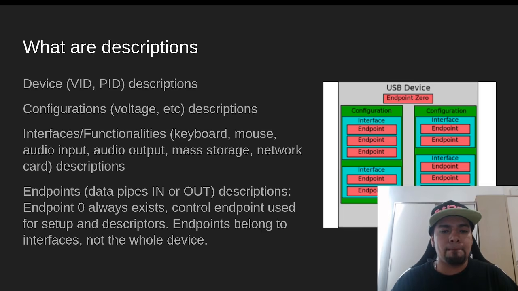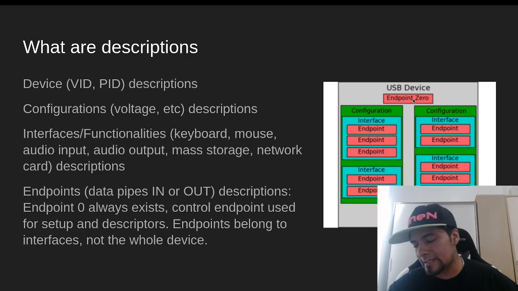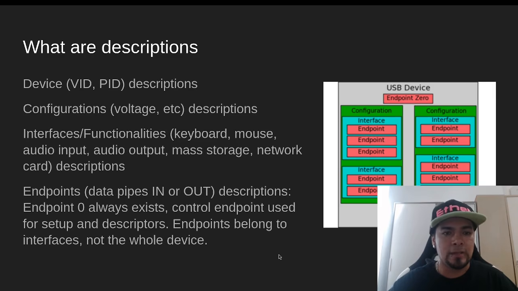So endpoints belong to interfaces. But there is by default one endpoint that establishes the first stage of communication, that is endpoint 0, and this allows the device to communicate. But the other endpoints belong to one interface. So one interface, one functionality, will have many endpoints, as you can see.